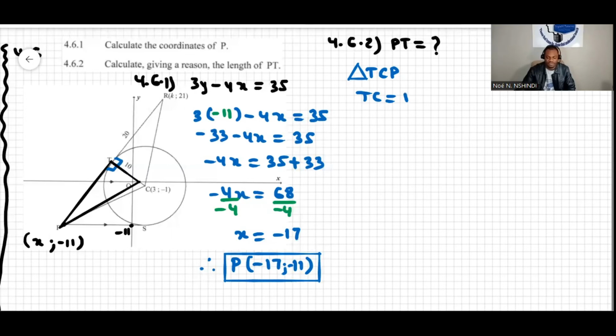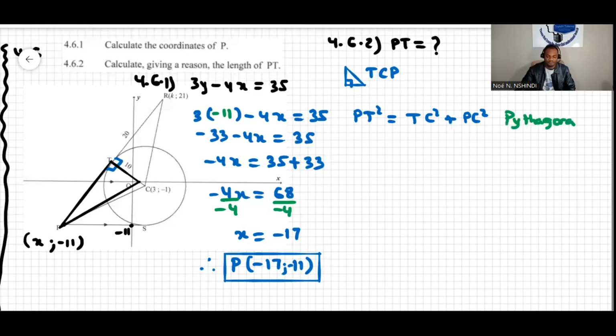Because this is a right angle triangle, we can say PT squared will be equal to TC squared plus PC squared. The reason is the Pythagorean theorem.